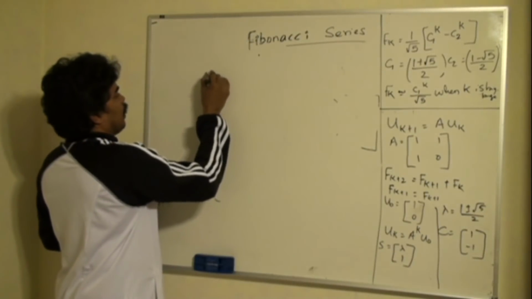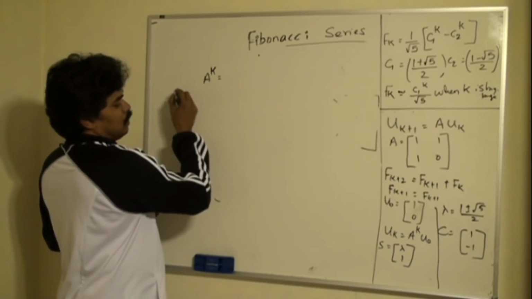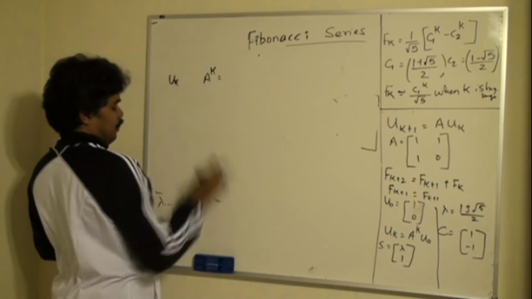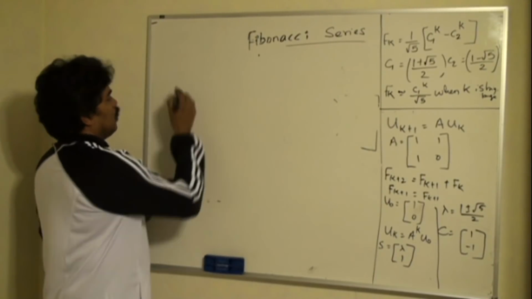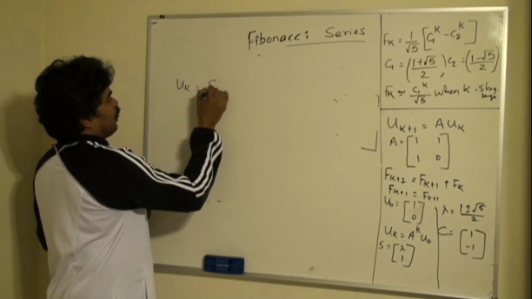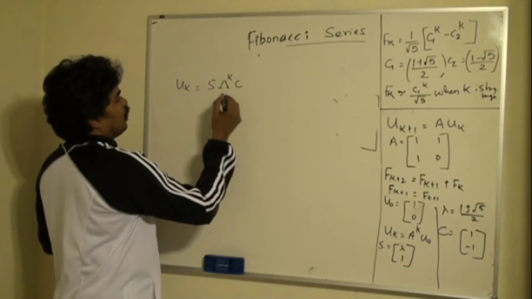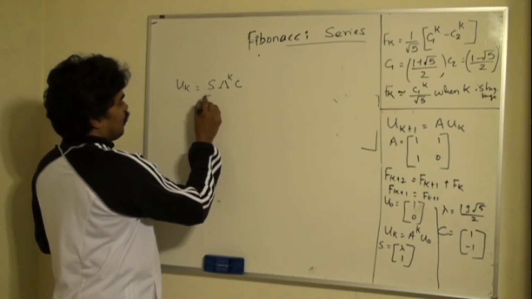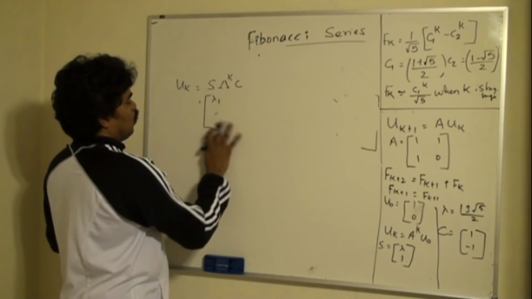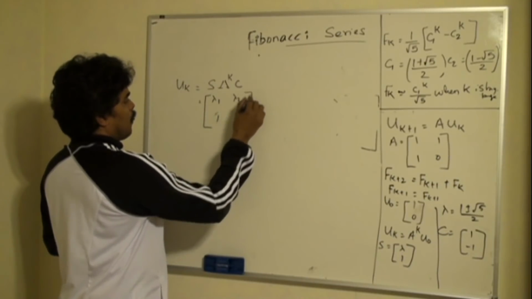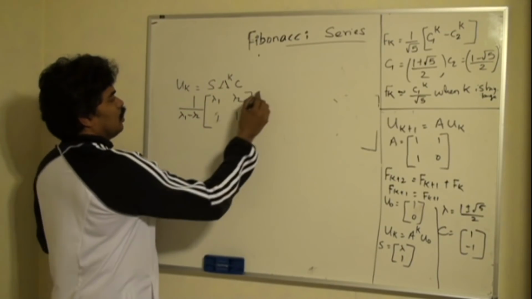Okay. A to the k, and I should write u_k. u_k is equal to S lambda to the power k times C, where S is lambda 1, lambda 2, 1, 1, and again I have this constant outside: 1 by lambda 1 minus lambda 2.